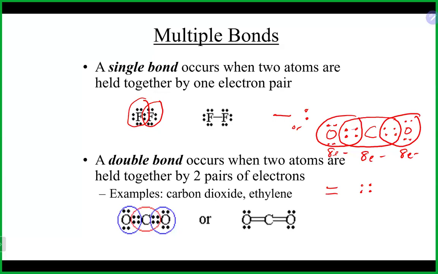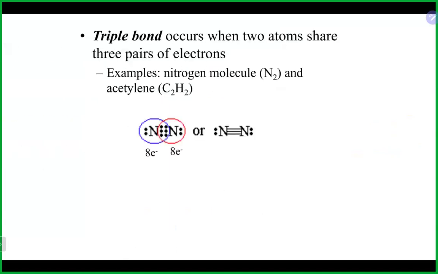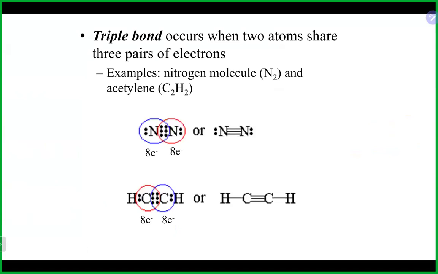And as I also mentioned, sometimes it does require a triple bond to get there, for example something like nitrogen. A triple bond, which is basically 3 lines, shares 6 electrons, or 3 pairs of electrons. That allows everybody to achieve noble gas configuration.